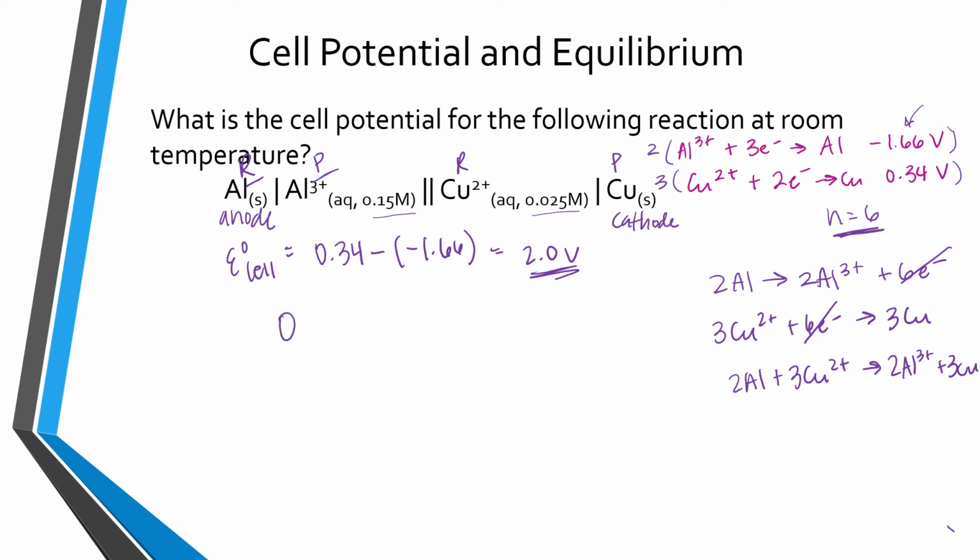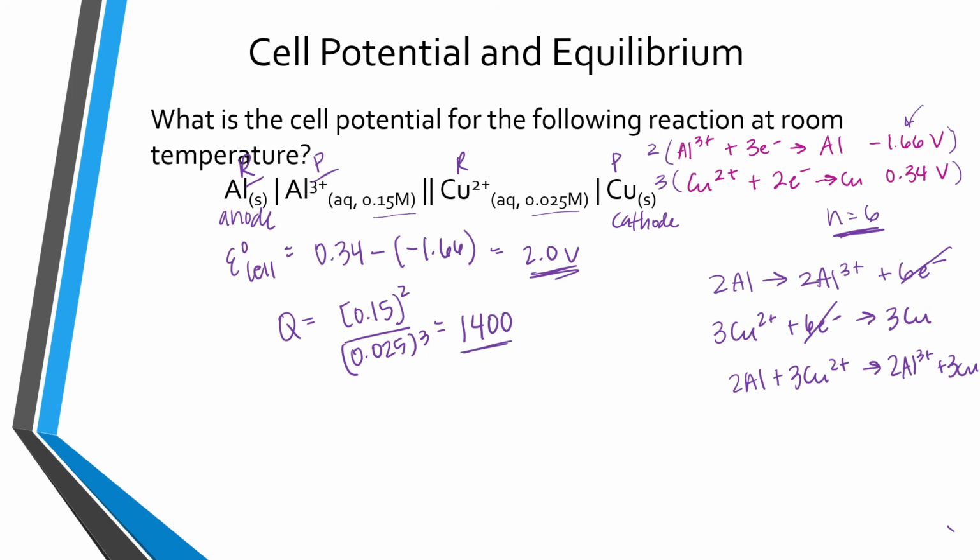So when I'm calculating Q, products over reactants, aluminum 0.15 squared over copper 0.025 cubed, and that gives me that Q equals 1,400.